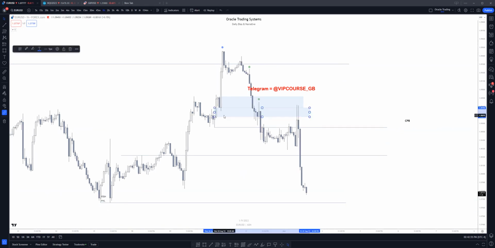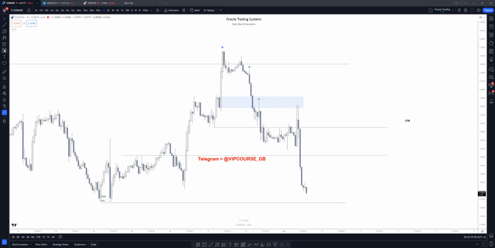So even without looking at all of these different POI types, we can simply follow our system's rules of higher and lower ISPs and next draw on liquidity and see that they're consistently lower heading into this draw on liquidity below at the previous weekly low.